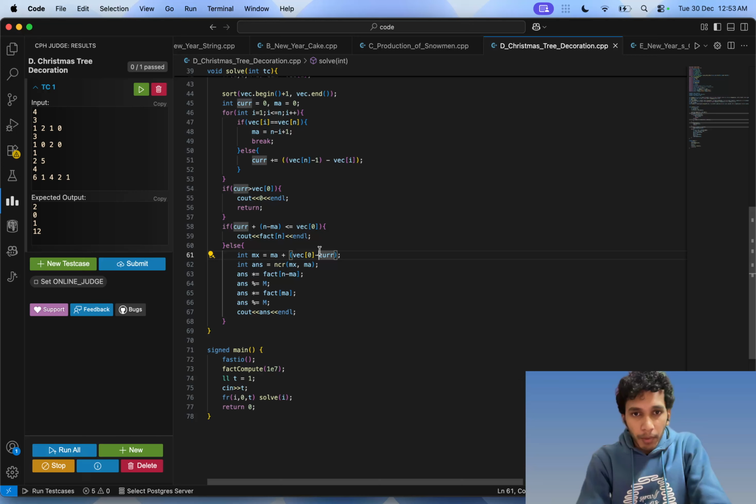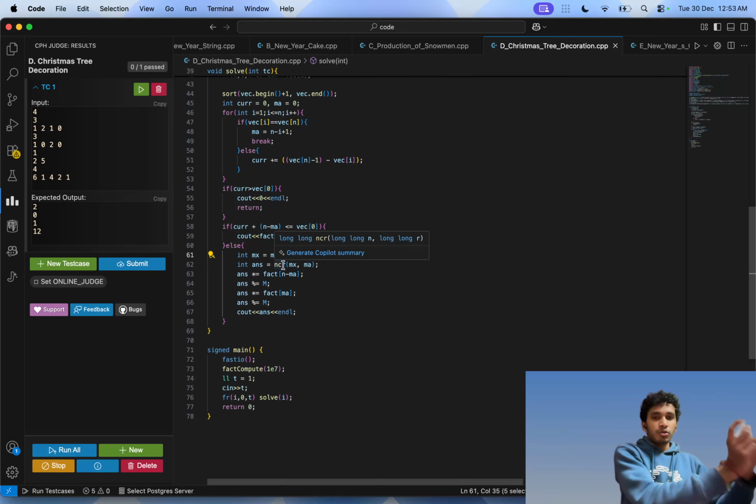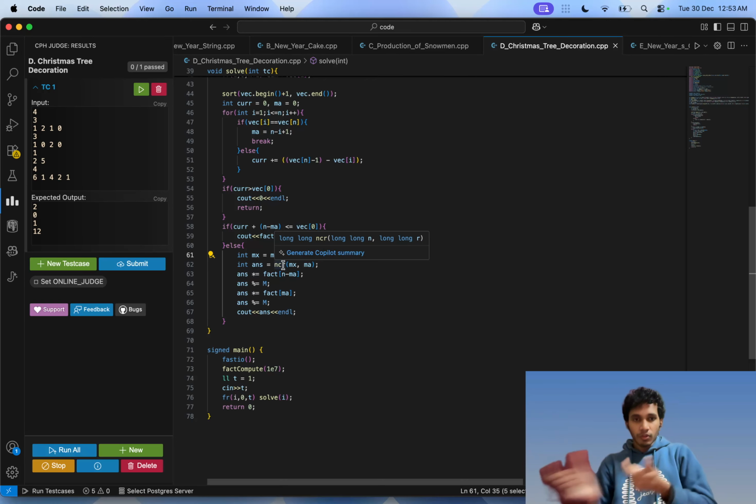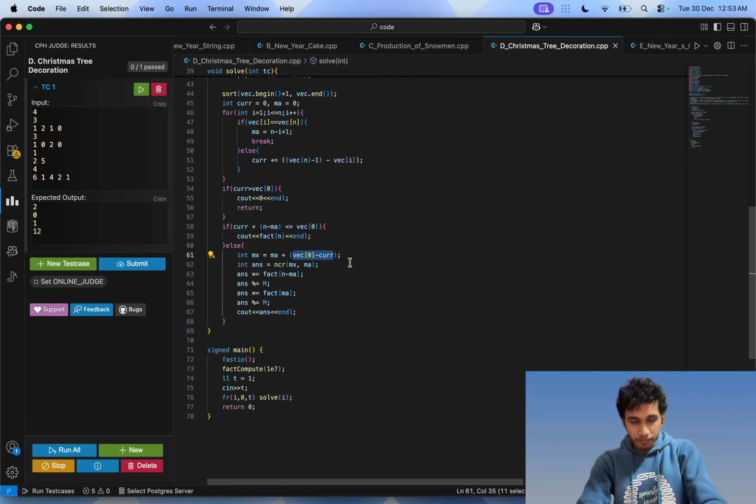Subtract the number of decorations required to translate up till 3, the number of decorations left over now with P0. Those are the number of elements that will be distributed to all the 3s so that they translate to 4. All right. So v0 minus cur.